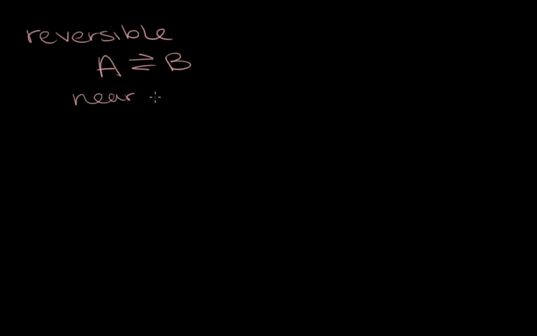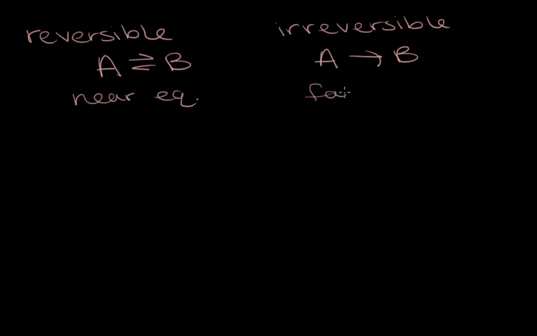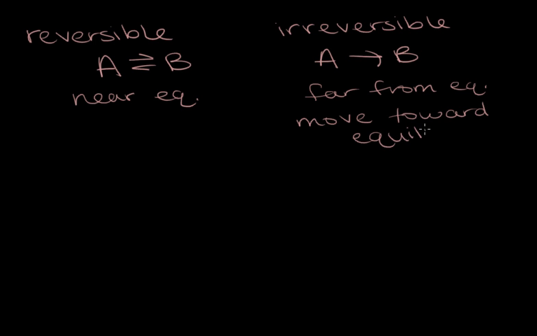There are also irreversible reactions. So that would be like A becoming B, straight up. These are typically far from equilibrium, but these are trying to gain equilibrium. So these will eventually move toward equilibrium. So this is very different than spontaneous and non-spontaneous.